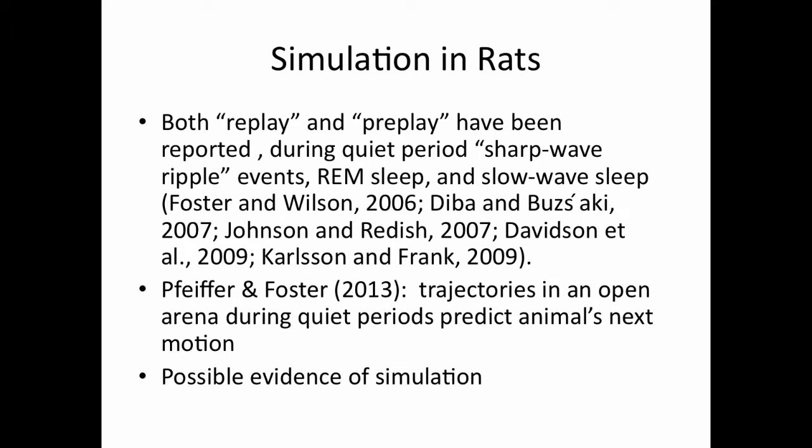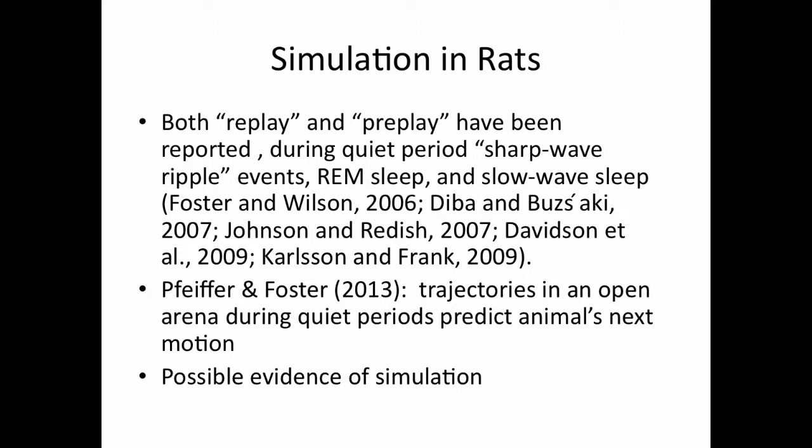Not only that, particularly during quiet periods, but not just during quiet periods, also during a couple different types of sleep, we can see very rapid sequences of these place cells lighting up, representing either what appear to be trajectories in the past or possibly trajectories in the future. Trajectories in the past get called replay, and those in the future get called pre-play.